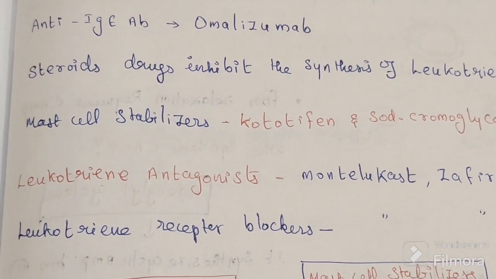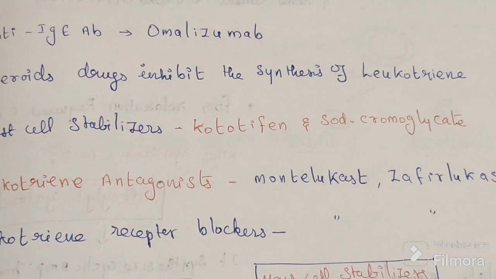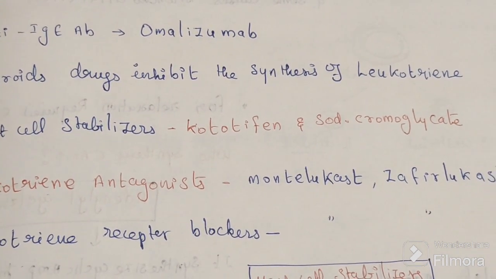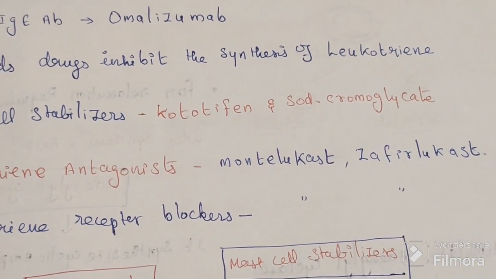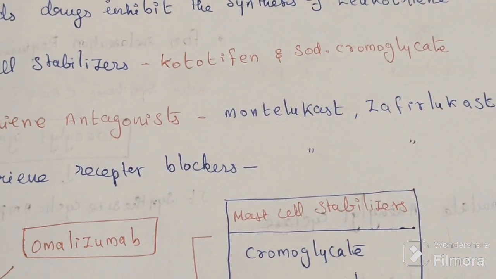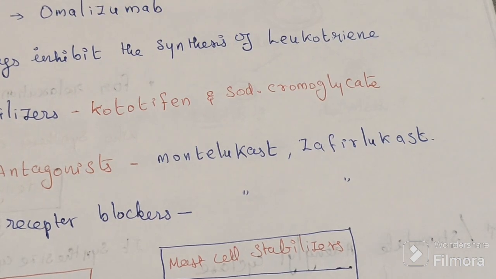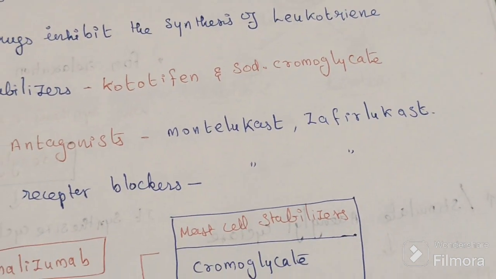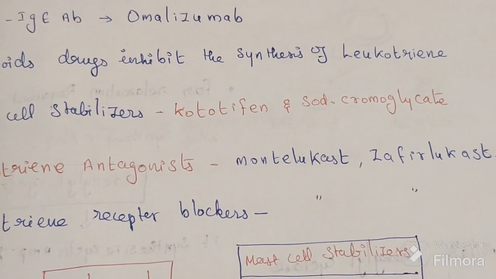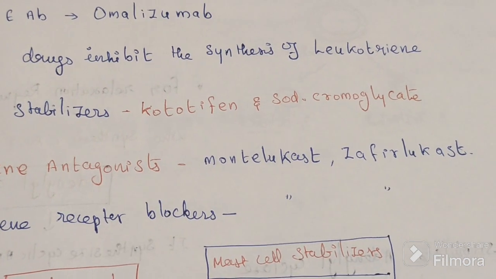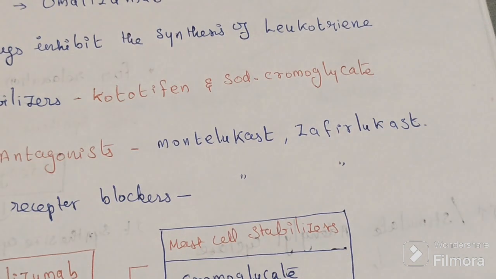Steroids inhibit the synthesis of leucotrienes. Mast cell stabilizers are ketotifen and sodium cromoglycate. Then leucotriene antagonists, that is montelukast and zafirlukast, and leucotriene receptor blockers, we can use montelukast and zafirlukast.